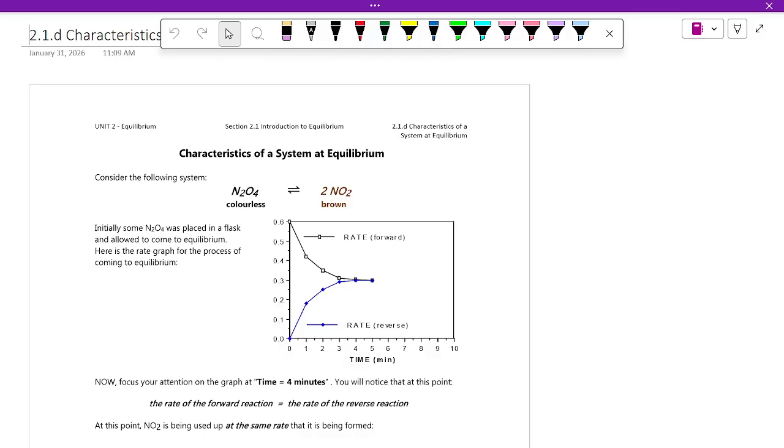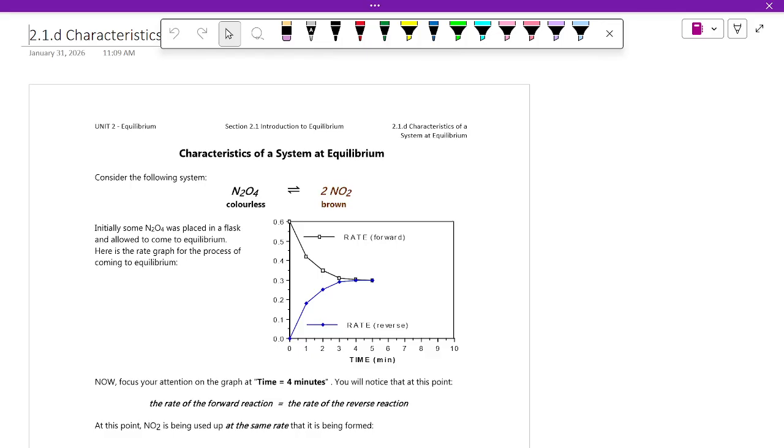Now, when I put this into the pot, what is happening to the colorless gas? Is the colorless gas changing color? No, because it's colorless. Its property is colorless. It's reacting and turning into what? Brown gas. Yes?